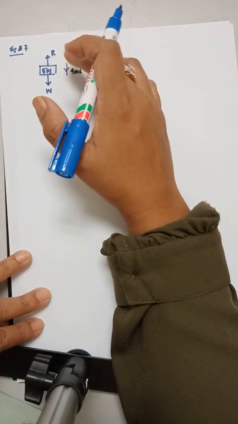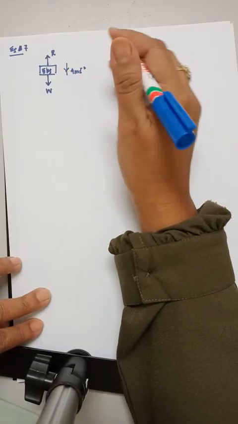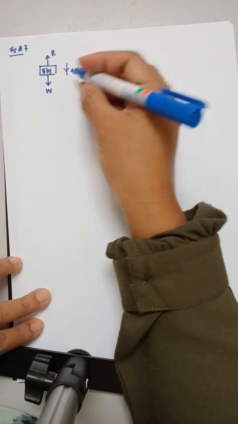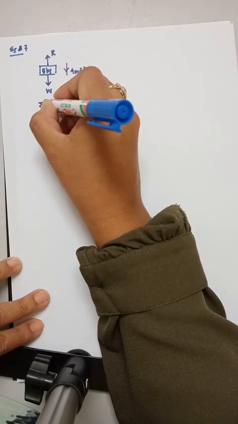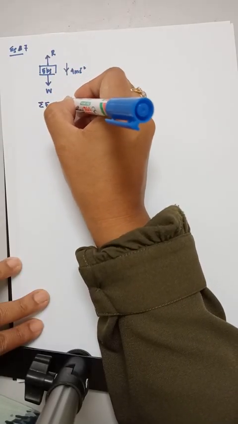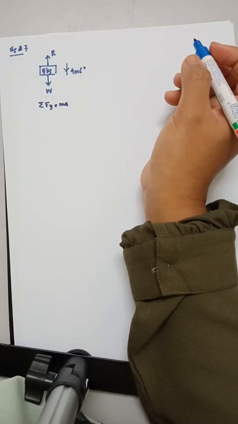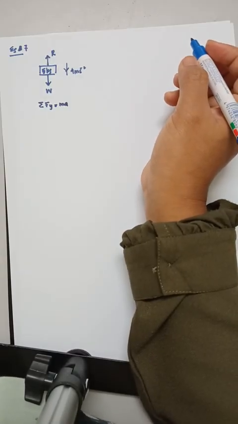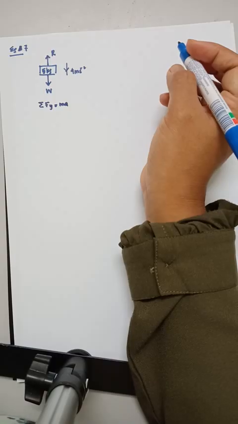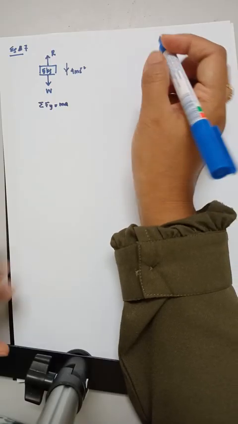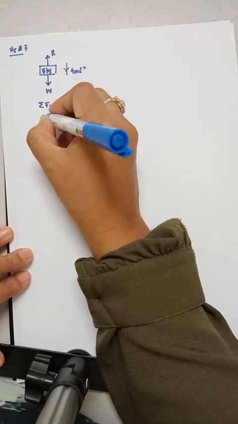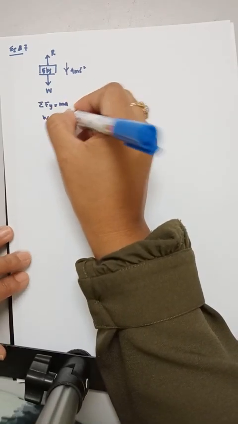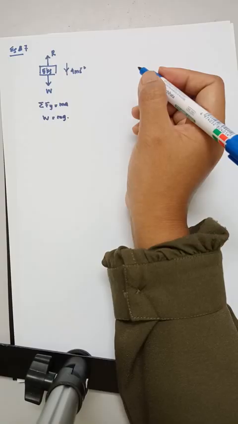Pergerakan dia to the vertical, so means that dia punya pergerakan adalah sum of Fy will be MA, bukan sum of Fx will be MA. Okay, so satu lagi yang kita kena tahu adalah dia punya weight. So, weight adalah W, mg.